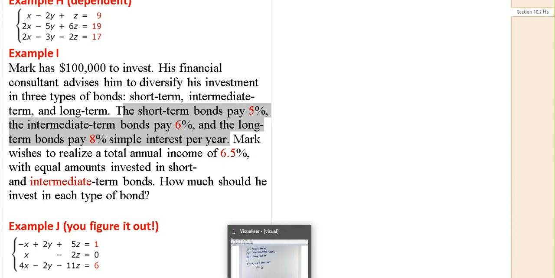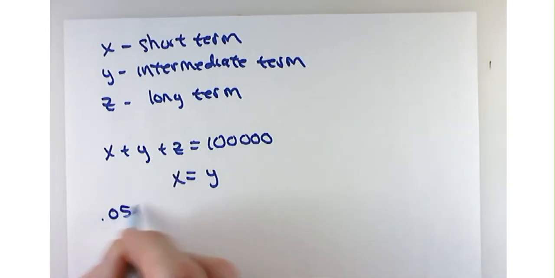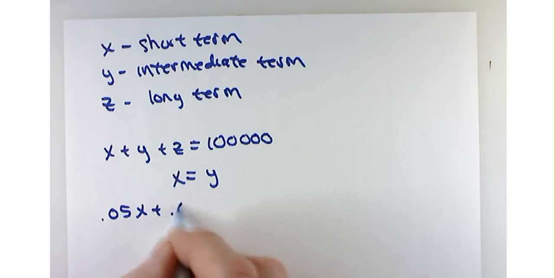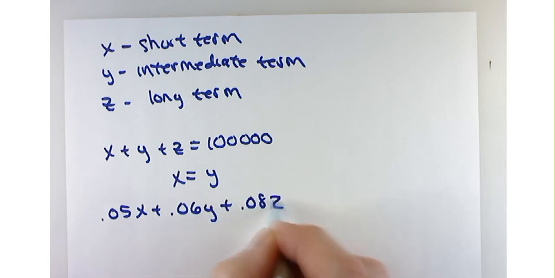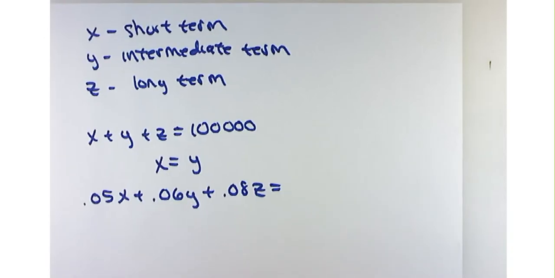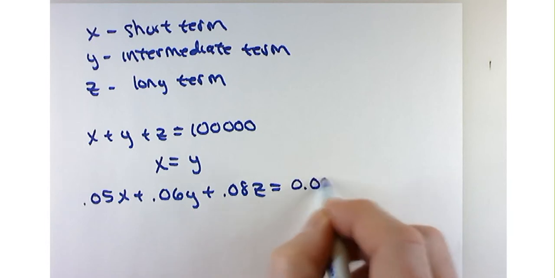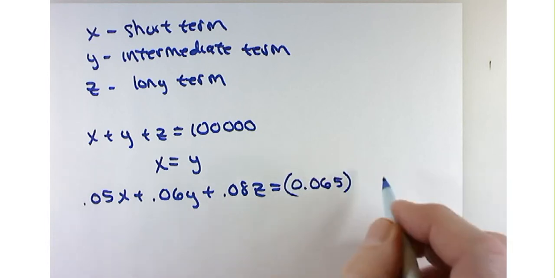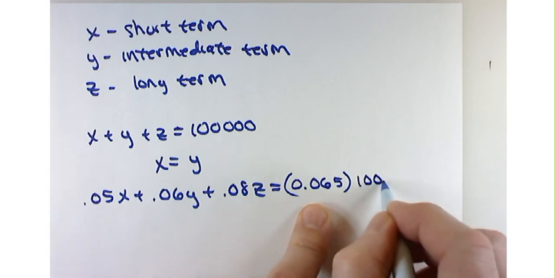So the principal is how much you're putting in each of these. So 5% of X plus 6% of Y plus 8% of Z has to give us income of 6.5%, 0.065 of our total. And our total was $100,000.